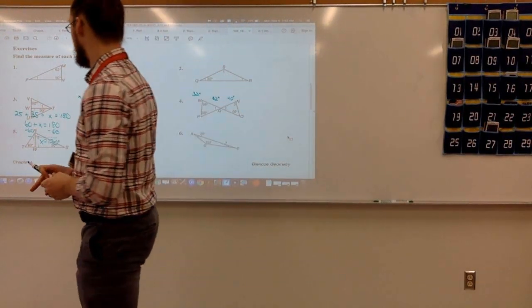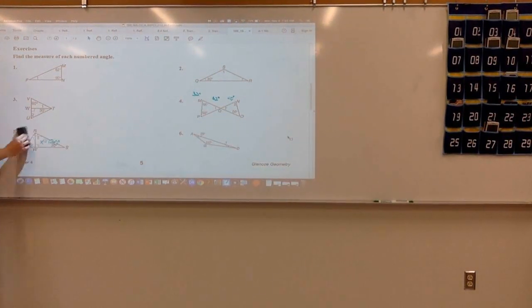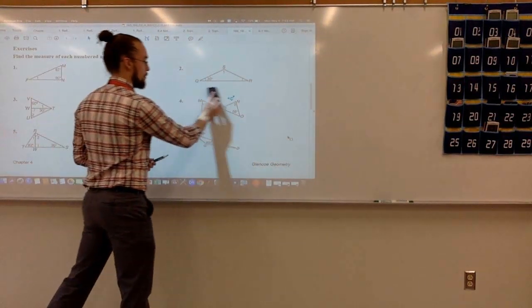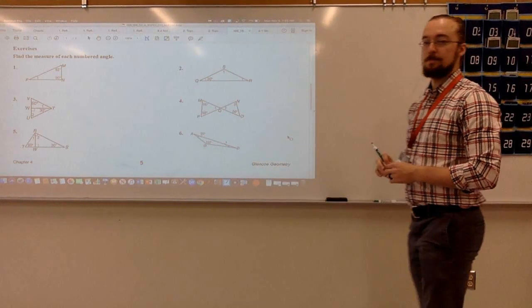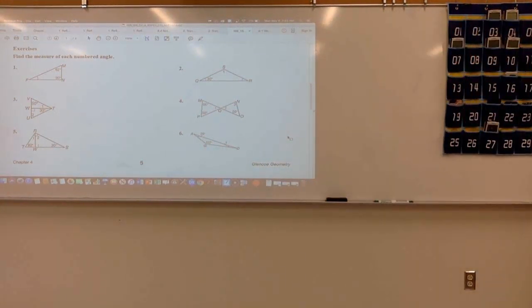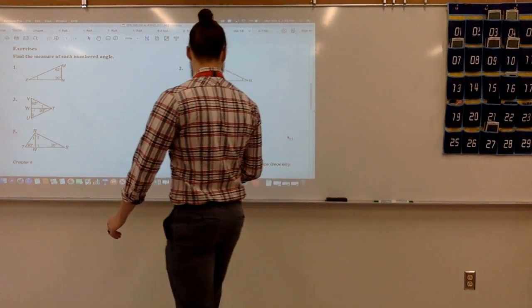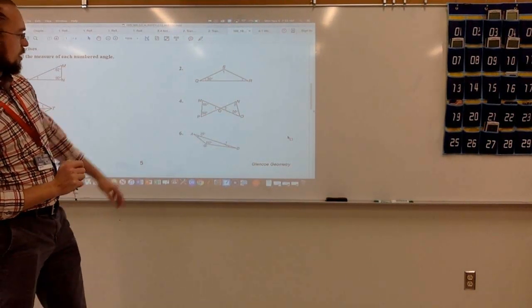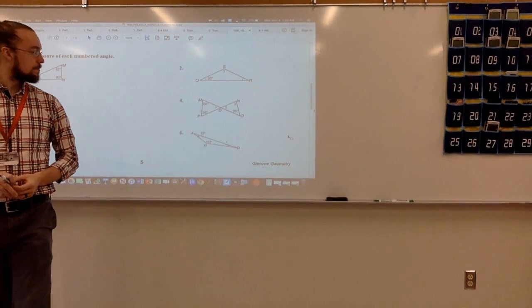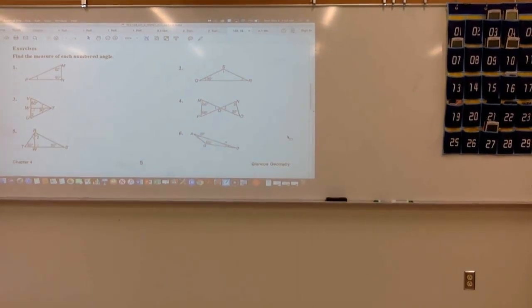Students work on the problems and talk among themselves: I think it's a 66 and a 58.